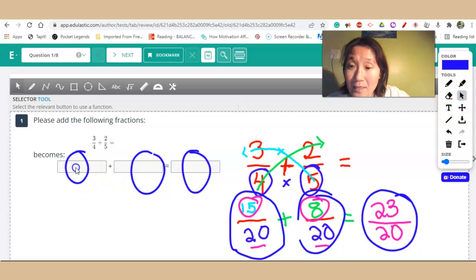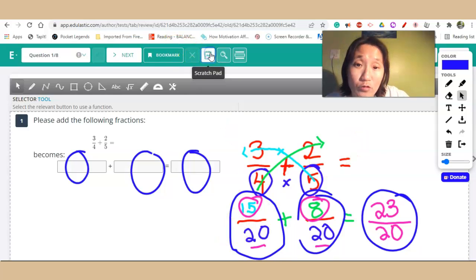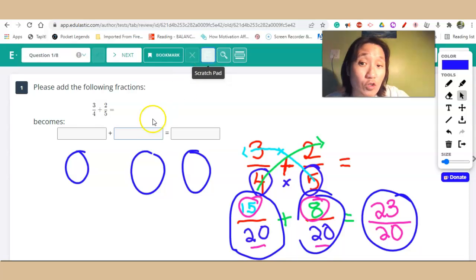Okay, so I'm going to click here. Remember, take your scratch pad off. I left my scratch pad here so you can see the work. I used a slightly different tool because I want you to see what I'm doing. But your scratch pad will turn on and off. You'll have to take yours off.